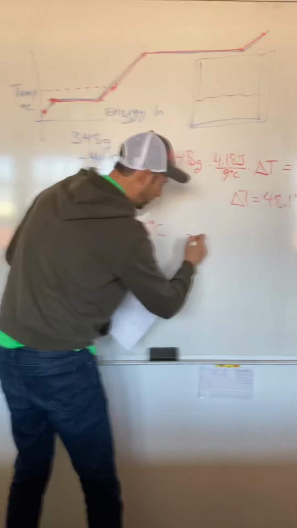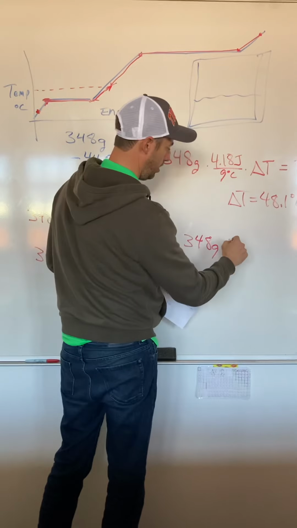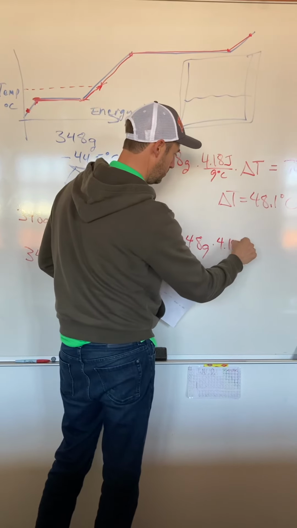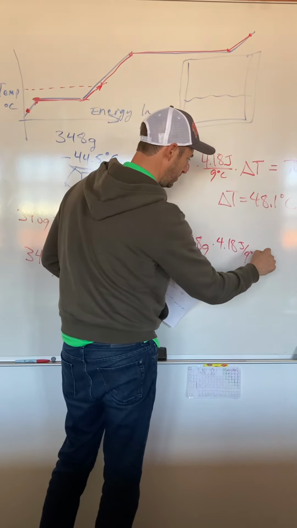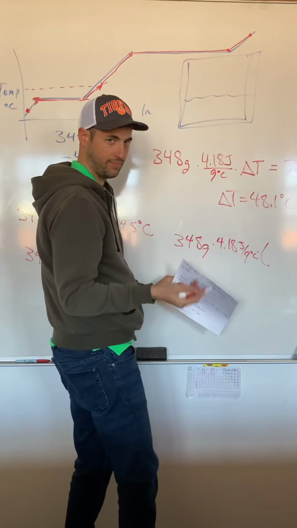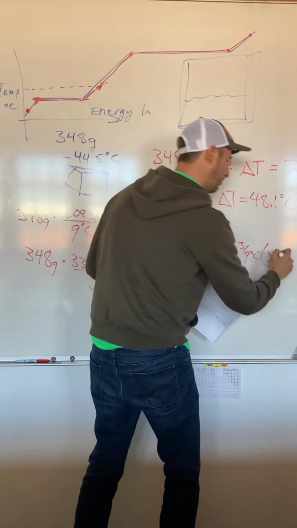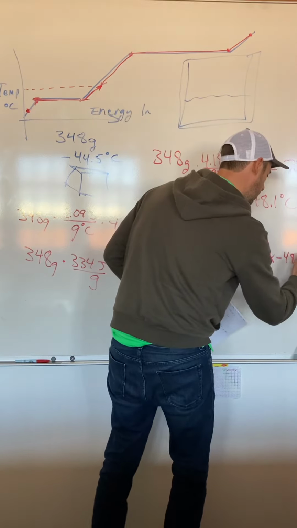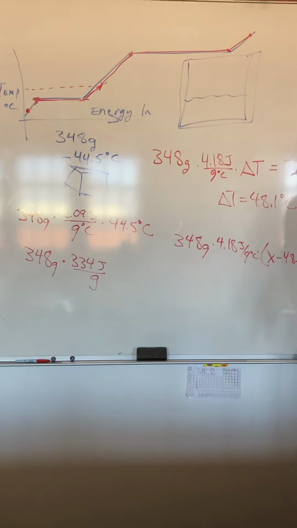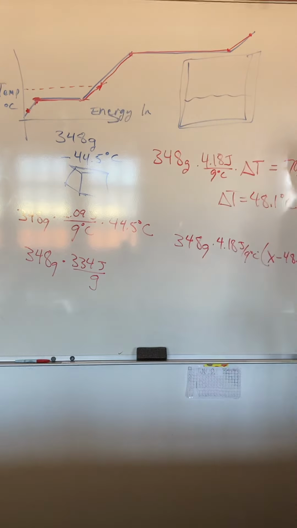So 348 grams times 4.18 joules per gram degree Celsius times whatever this final temperature is going to be. I'm just going to call it X. So X minus 48.1 is going to be equal to the amount of energy that would have to come out of this water in order to reach an equilibrium temperature.